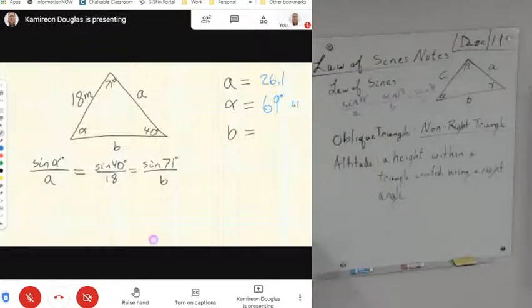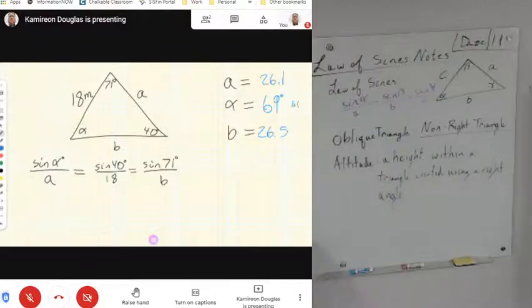A is 26.1. B is 26.5. For B? 26 point what? 26.5.